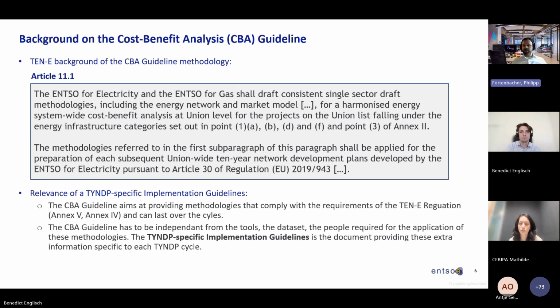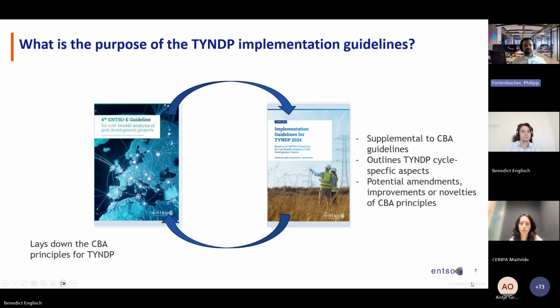This is then cycle specific, and you can just go to the next slide, Benedikt. You see here on the left side the CBA guideline, which is now in the 4th edition, and all methodologies and principles for the TYNDP are laid down there. From this we derive the implementation guidelines, in this case for the TYNDP 2024. They are intended to be supplemental to the CBA guidelines.